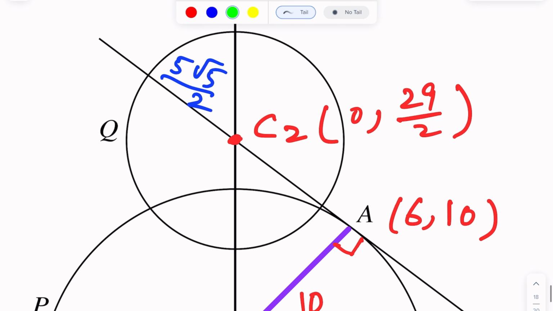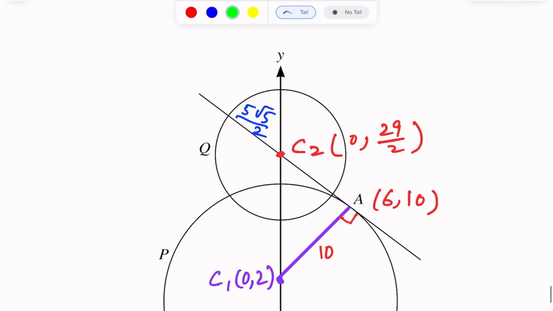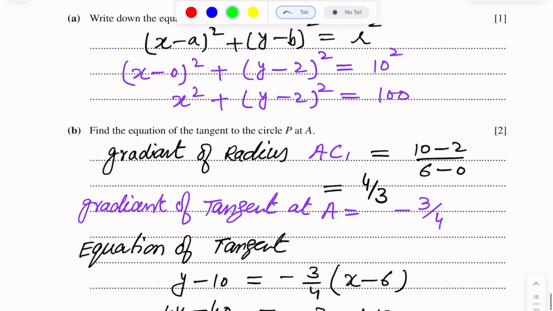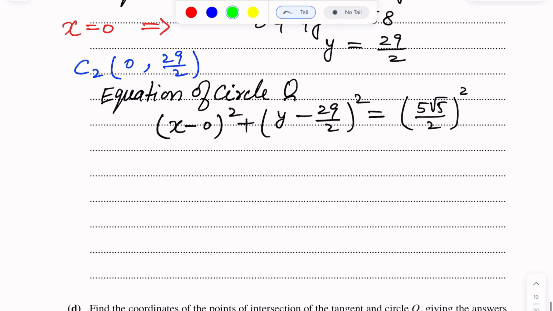These are the points of intersection of the two circles. We have to verify these points. The y coordinate for both these points is 11. So to find the points of intersection, we solve the equations of both the circles simultaneously.